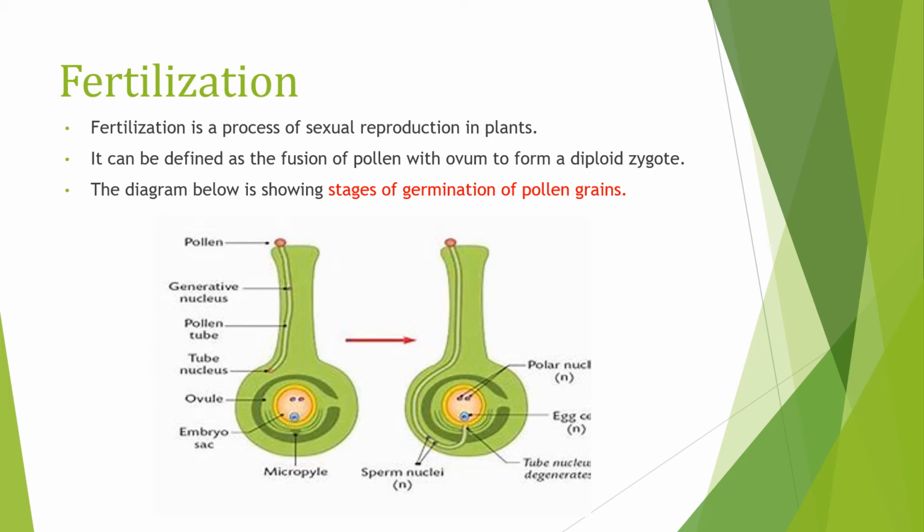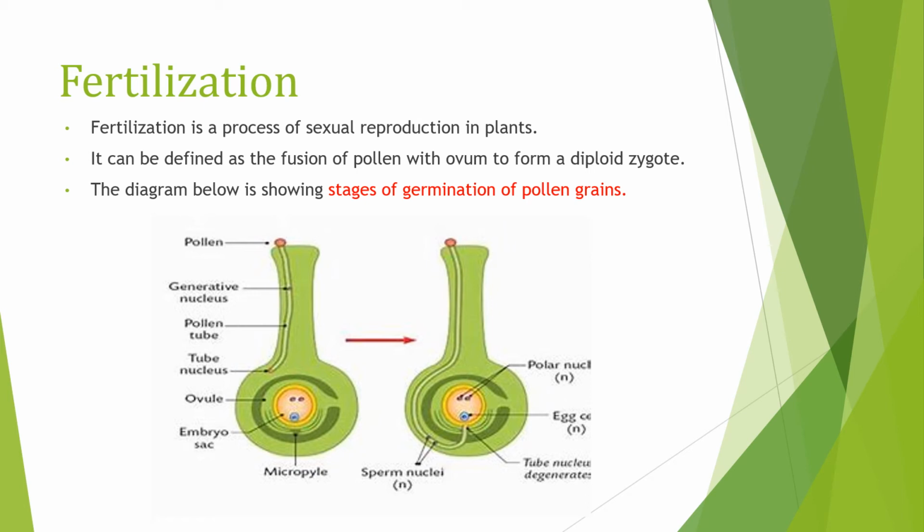Now this embryo sac contains 8 nuclei. 2 nuclei present in the center are called polar nuclei. 3 nuclei surrounded by the cytoplasm form the egg towards the micropylar end, and the remaining 3 on the other pole form antipodal cells.